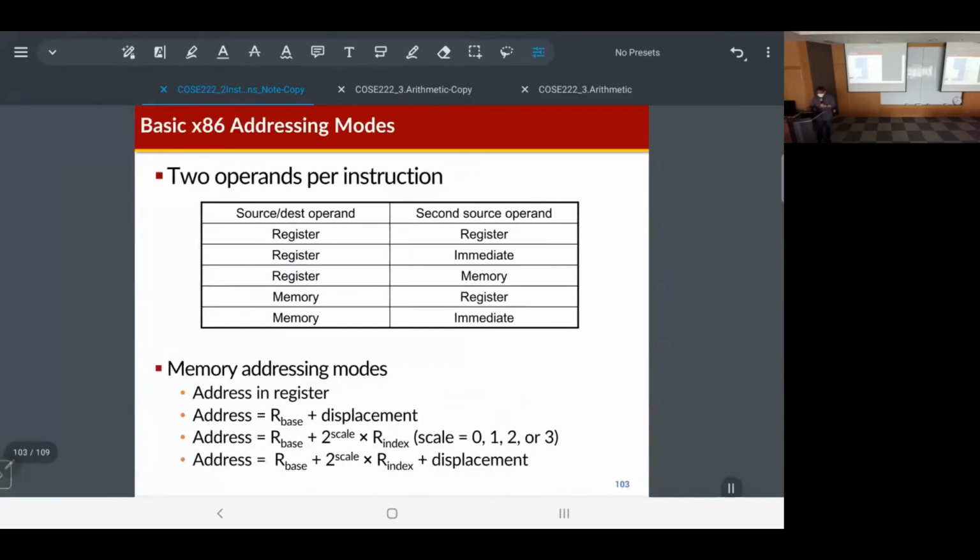Also, in RISC-V, we learned that the data in main memory can be accessed only by data transfer instructions like load instructions and store instructions. In order to use the data in main memory, the data is first transferred to the register file by a load instruction.